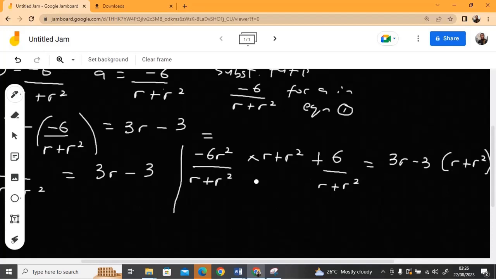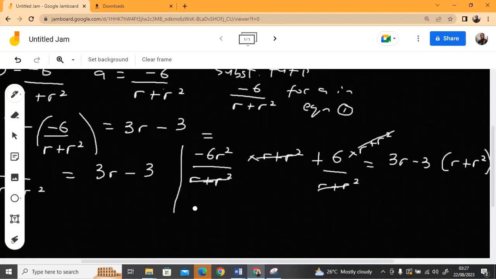So this one here we cancel. Did you get that now? This one also will be times R plus R squared. Sorry for this. Cancel this. This is how you go.